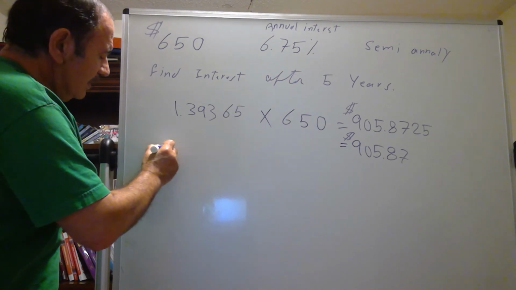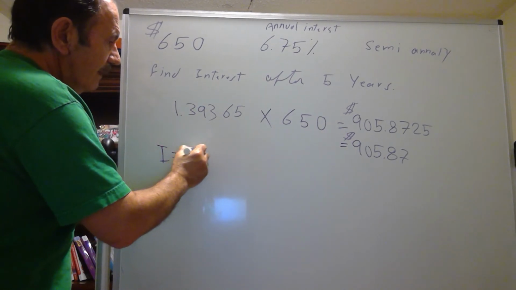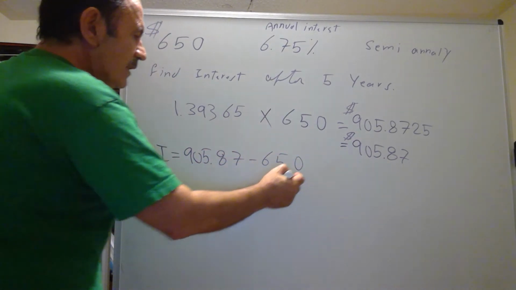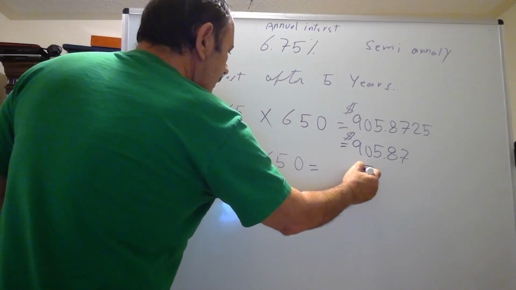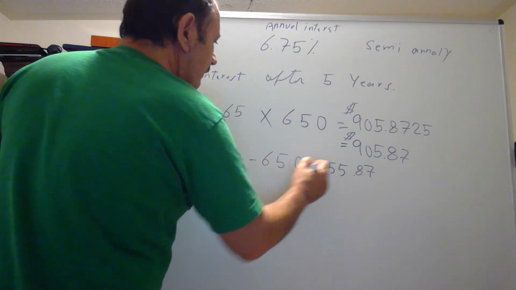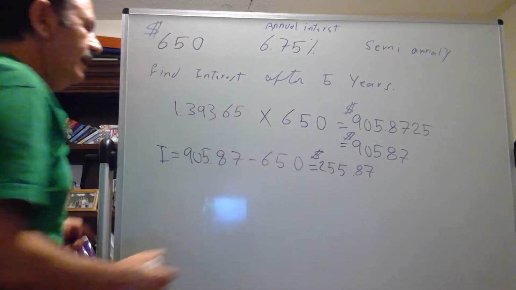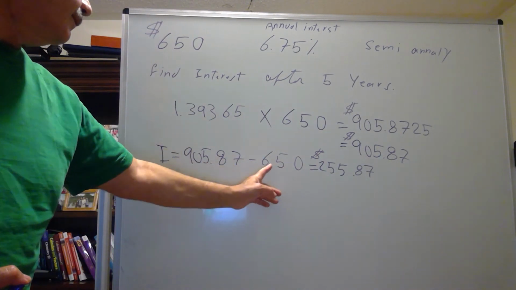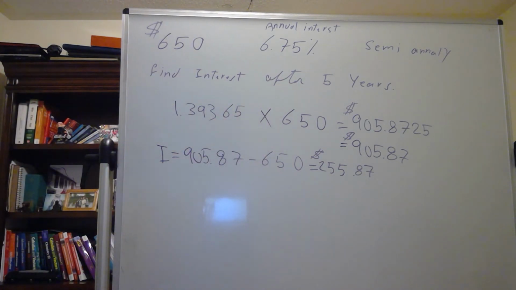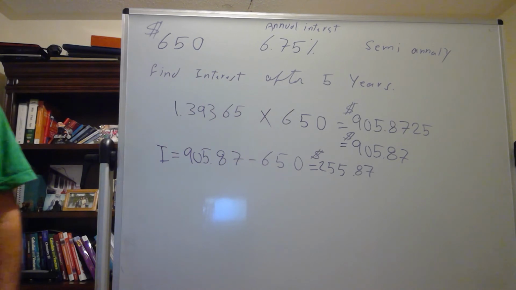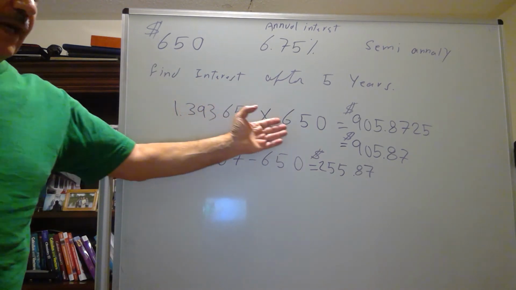So the interest is going to be 905.87 minus 650, which is $255.87. This is the value of the interest. I used the compound interest table to find the value.